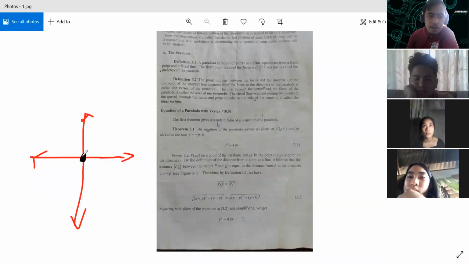So if the vertex of your parabola is at 0, 0, say for example, your focus is somewhere here and your directrix is somewhere here.